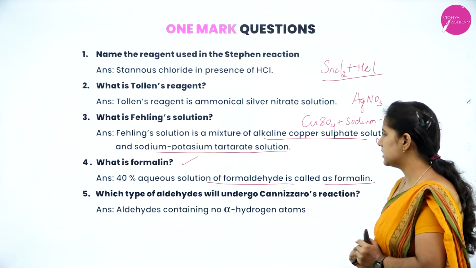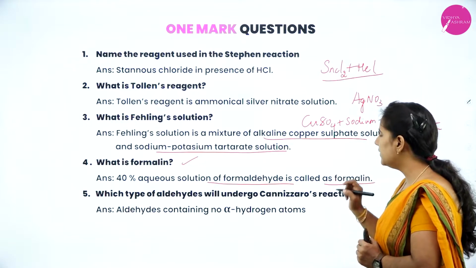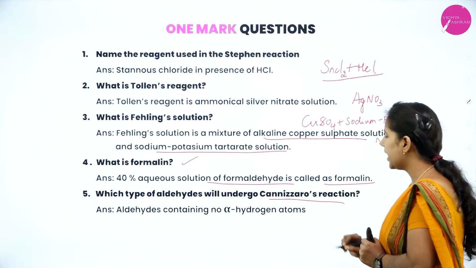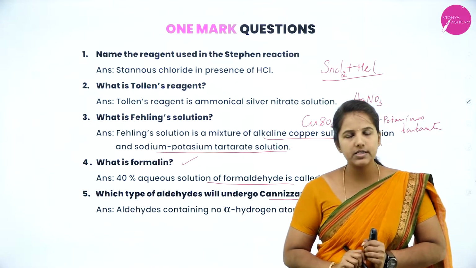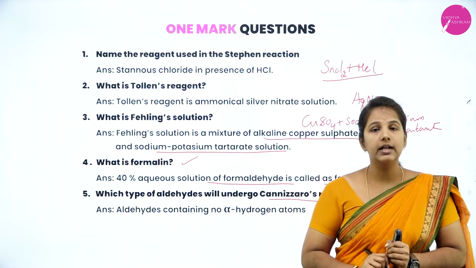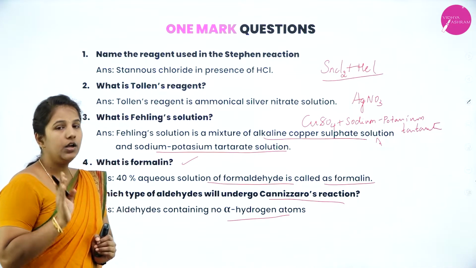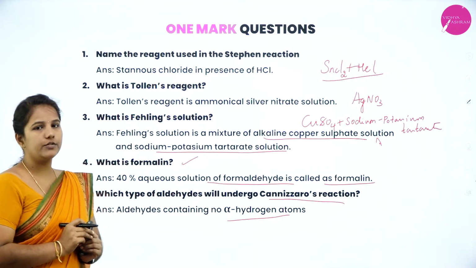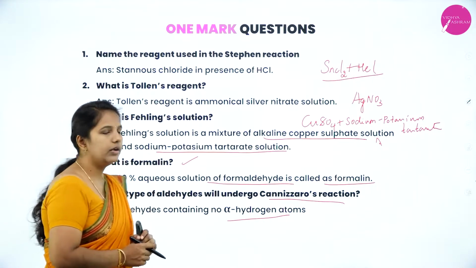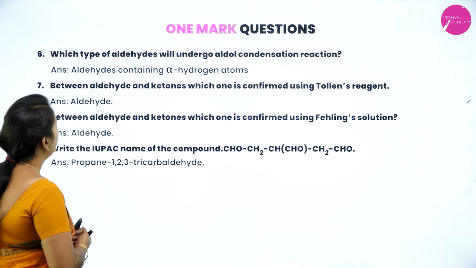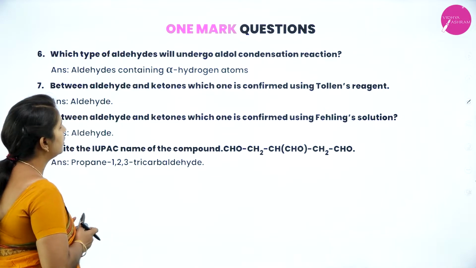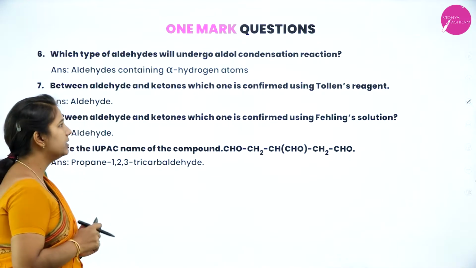We call it formalin. Next, which type of aldehyde will undergo the Cannizzaro reaction? As we have already studied in the chemical properties, the Cannizzaro reaction is usually observed when the aldehyde does not contain alpha hydrogen atoms. Which type of aldehydes will undergo aldol condensation reaction?